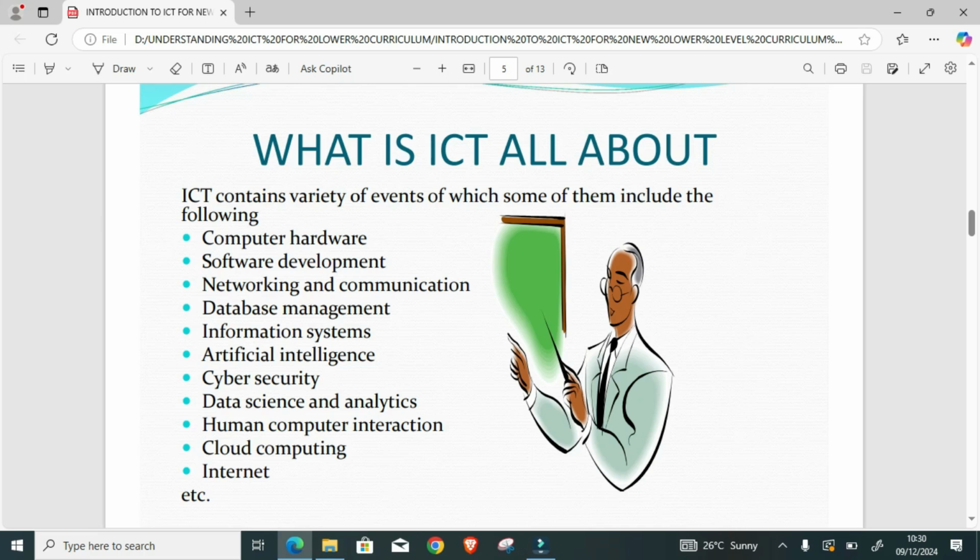We have artificial intelligence, cyber security, that's whereby hackers are usually gotten from, data science and analytics, examining data, like trends of data, human computer interaction, cloud computing, that is now storing your information in the cloud, and the internet.